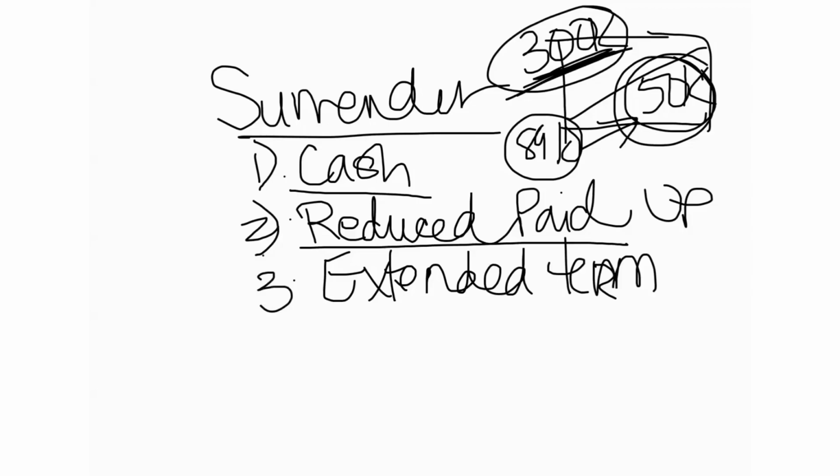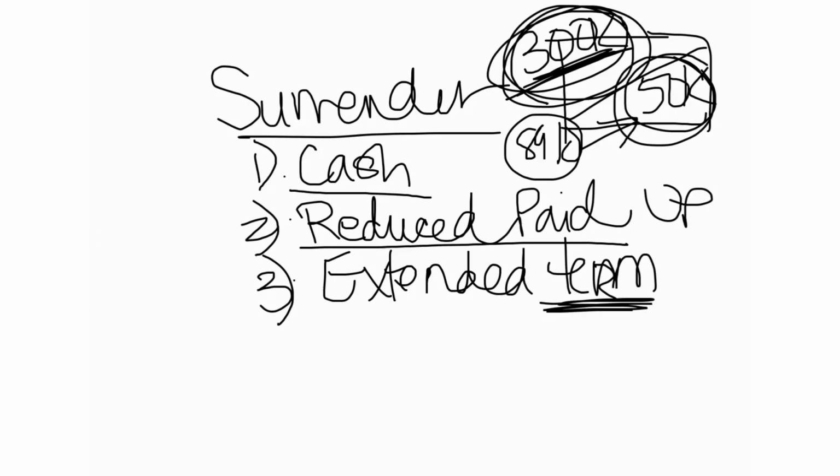The third option is extended term. So again, you could probably guess what that means. You take the 50,000 and you extend a term out. You're buying a term policy for 300,000. So I have my same face amount, the same 300,000, but I'm just buying a term policy for as long as my 50,000 will buy me.